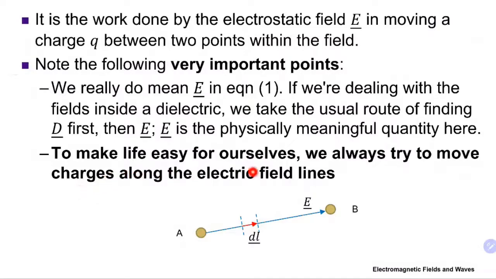So it makes life easier if we try to move along the electric field line. If we choose the path of the displacement along the electric field lines, then the integral becomes a lot simpler.